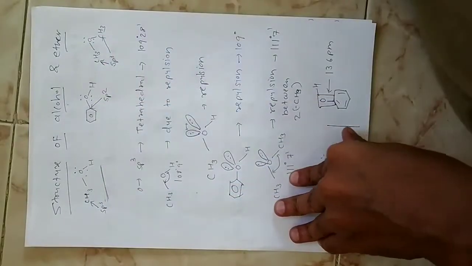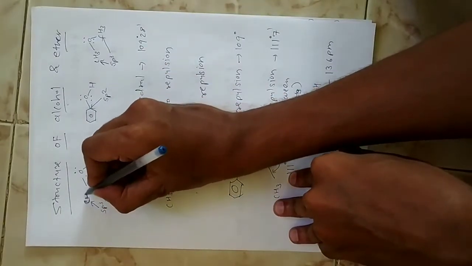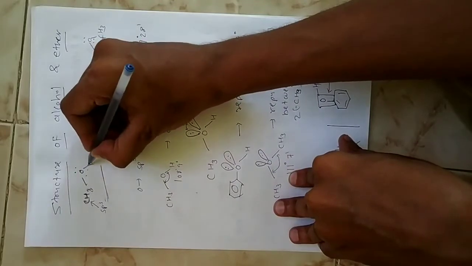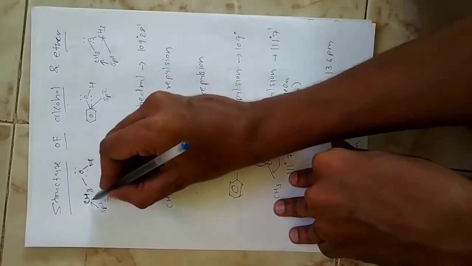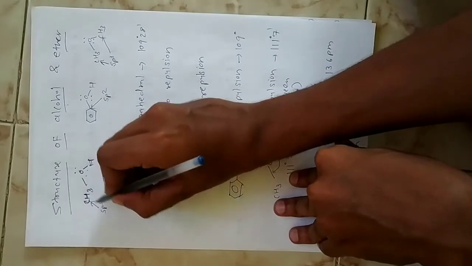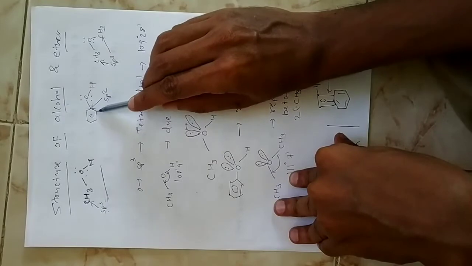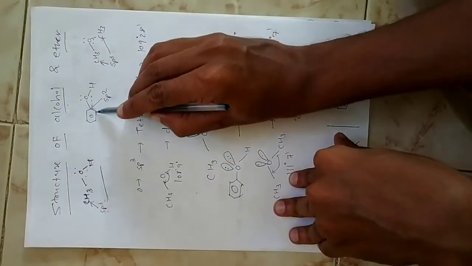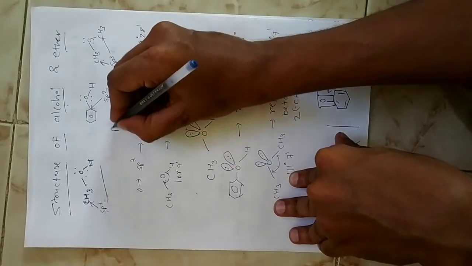It is methanol, CH3OH. In that, this one is our CH3, then O, then H. Now, as we know, this carbon is having sp3 hybridization. Same way in phenol, you can see a benzene ring with an OH group on it, so it is phenol.